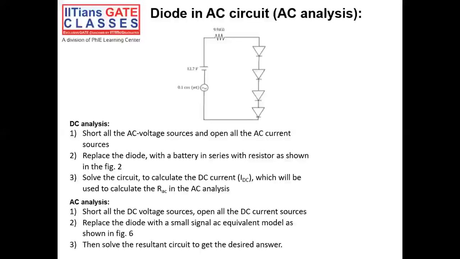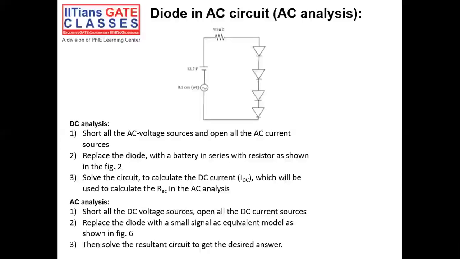In step 3, we simply calculate the DC current through the diode. Why do we calculate the DC diode current in step 3? Because that current value will be used in the AC analysis for the calculation of AC resistance. Is that clear? Once the DC analysis is over, we move on to the AC analysis.